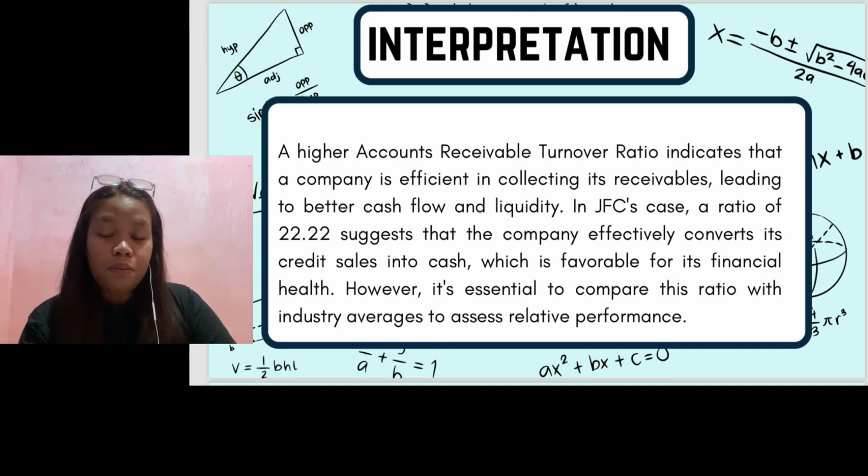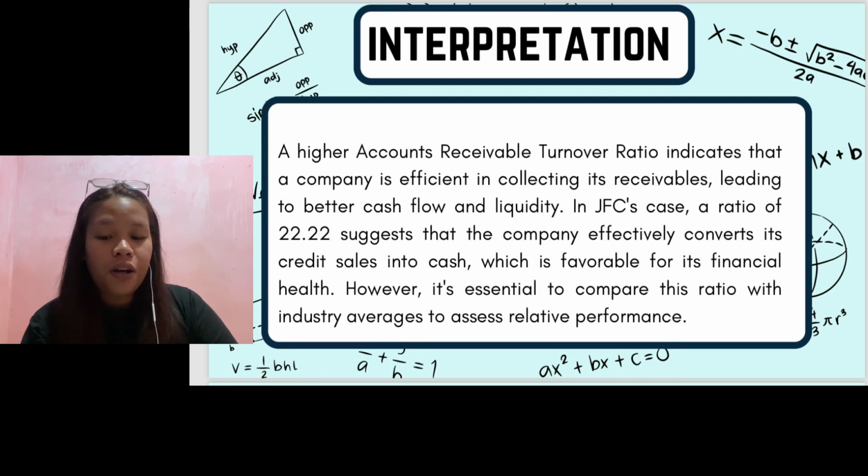The accounts receivable turnover ratio is really important because it tells us how well a company is doing at collecting money from its sales and credit. A high ratio means the company is efficient, leading to better cash flow and overall financial health. However, it's not just about having a high number.